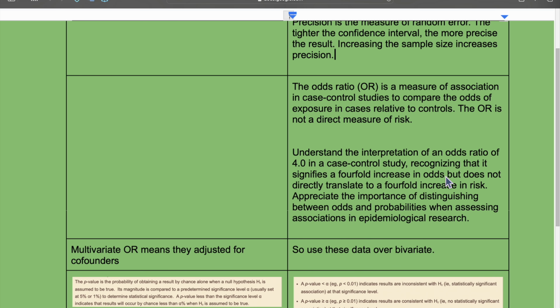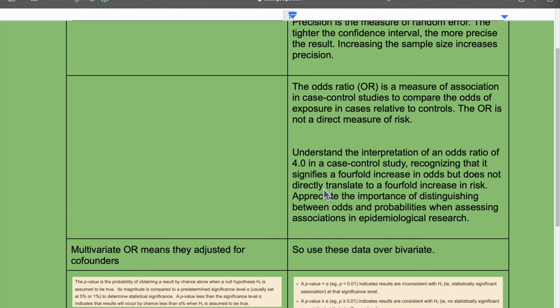Okay, if it's more than 1 and your odds ratio is 4, then it's 4 times. If it's 3, it's 3 times. 1, it's null, right? Increases in odds but does not directly translate to a four-fold increase in risk.